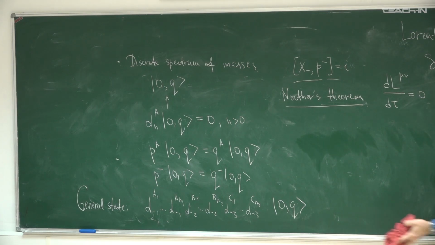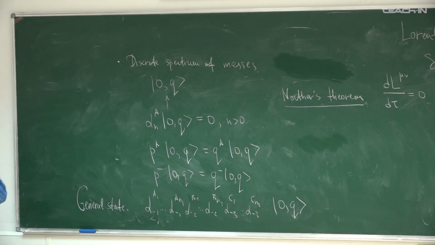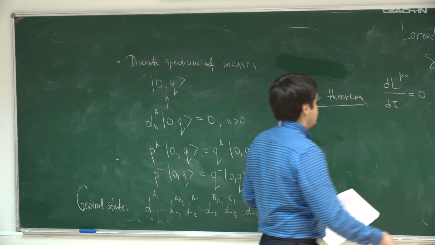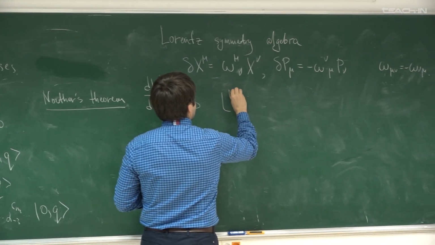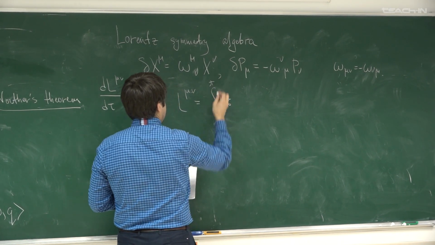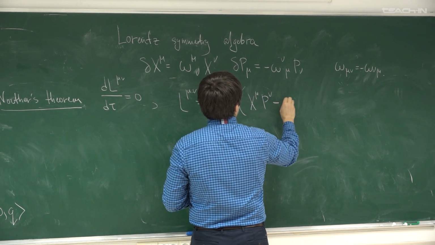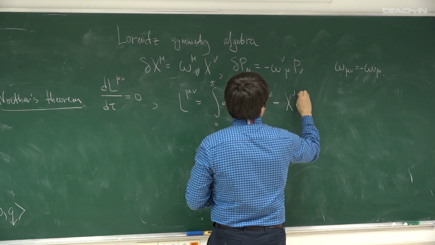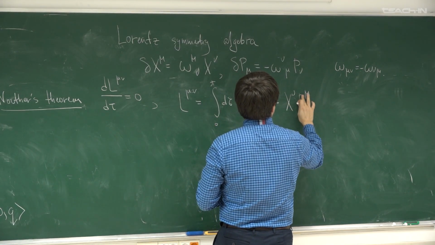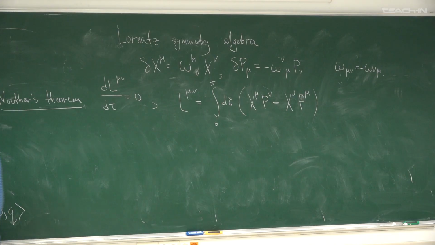So to this end, we have to recall how the Lorentz generators look like to start with. Noether's theorem says this, and we want to check that it satisfies the Lorentz Lie algebra.